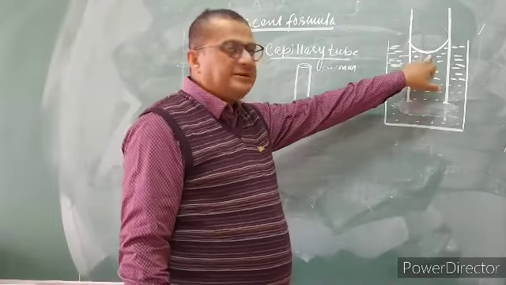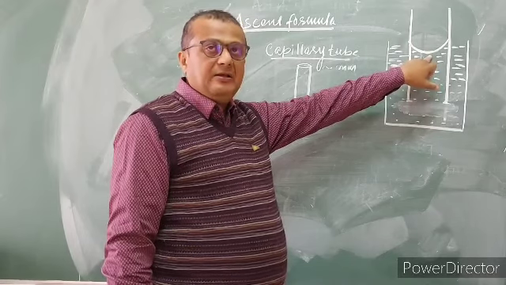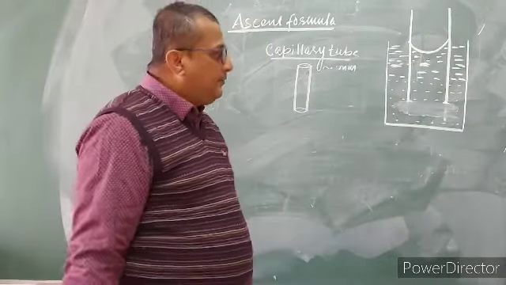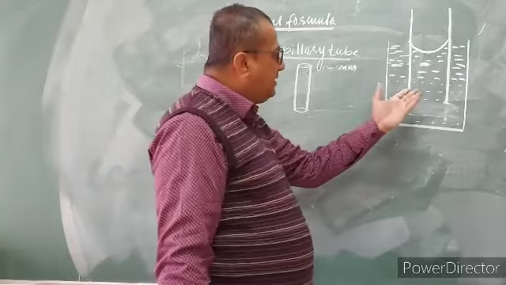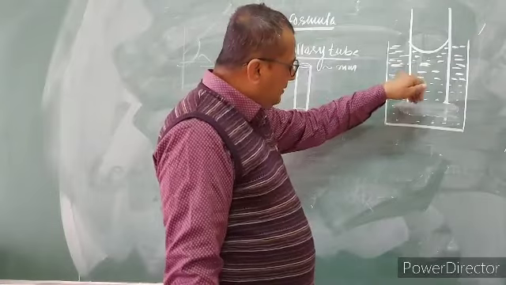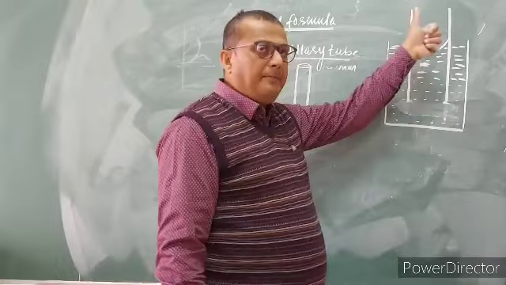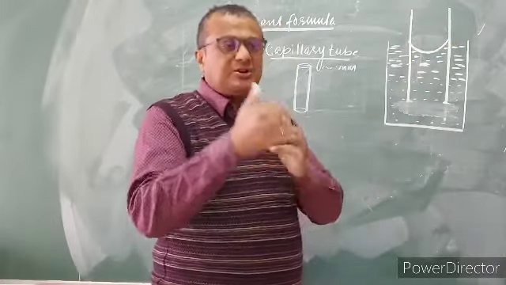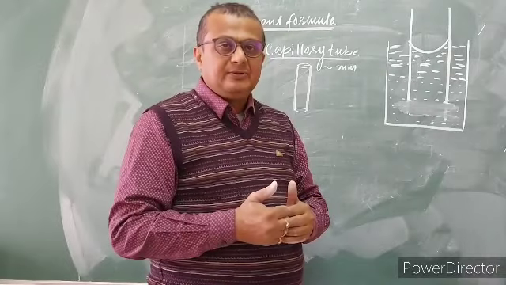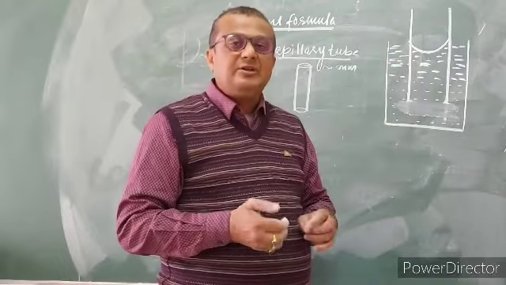Then you will get this type of meniscus, this type of curved upper layer. When this capillary tube is dipped inside the liquid, the liquid rises up, but after a certain limit it does not rise. Why? It does not rise, it means it has come into equilibrium.